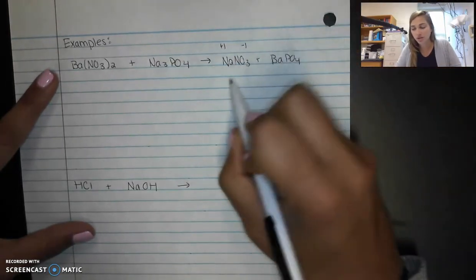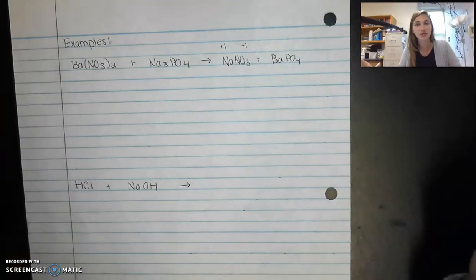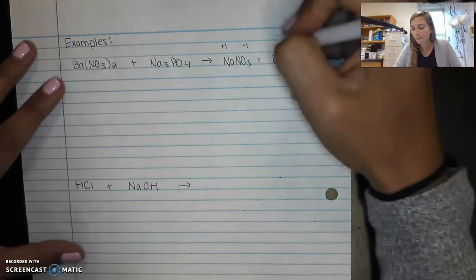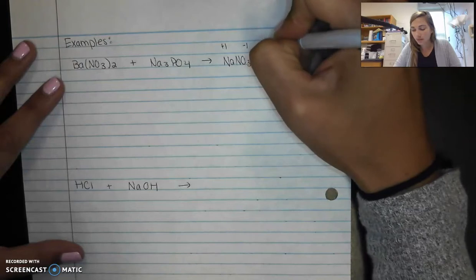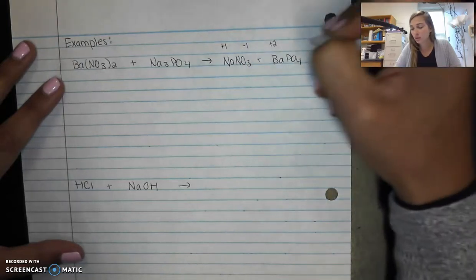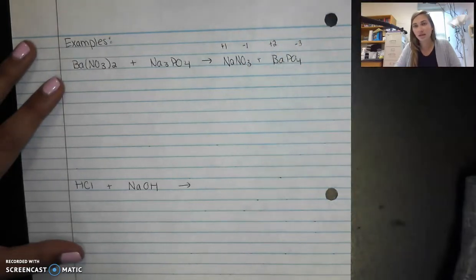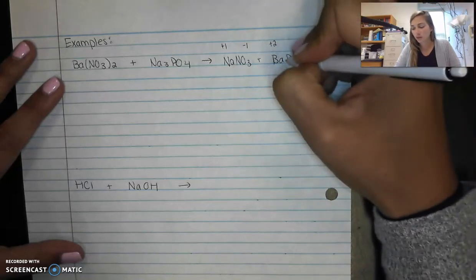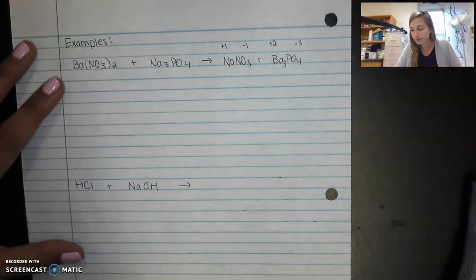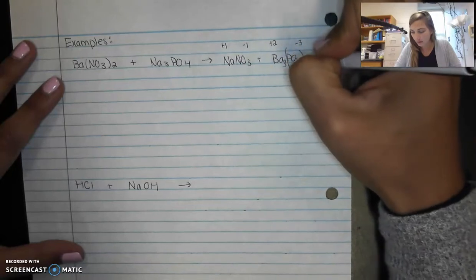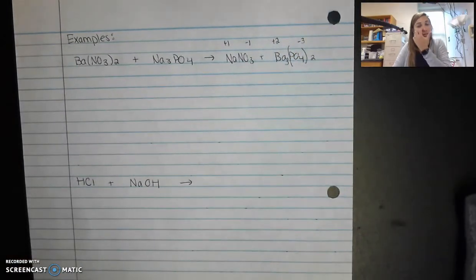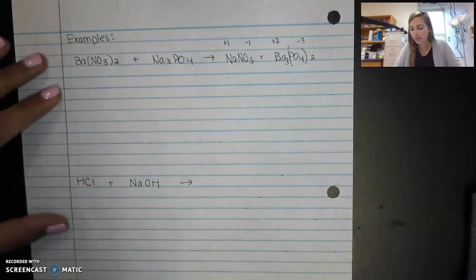So we crisscross them down, but that's already neutral, so I don't need any additional subscripts. Again, using my periodic table, I can figure out that barium has a +2 charge, phosphate has a -3 charge, so I can crisscross it down, say Ba3(PO4)2.